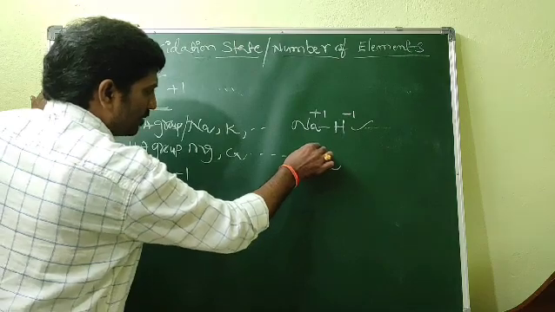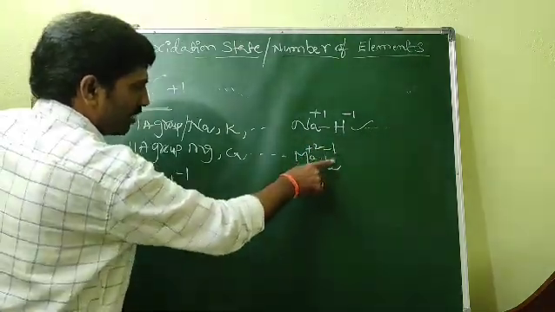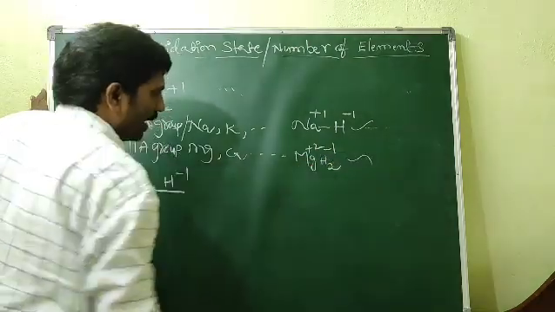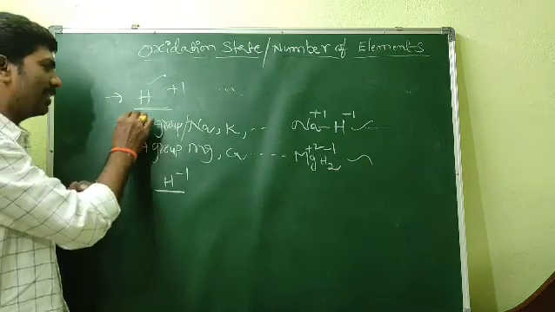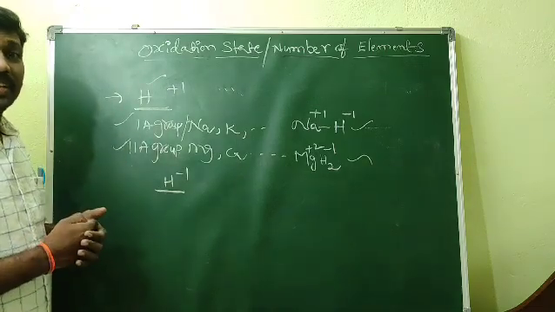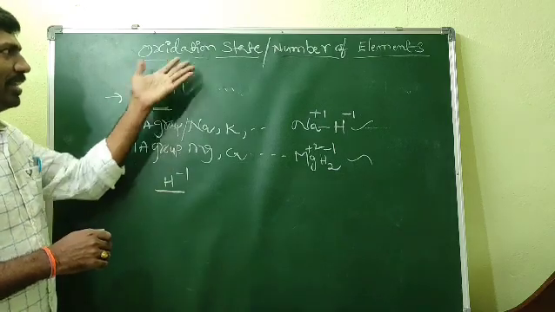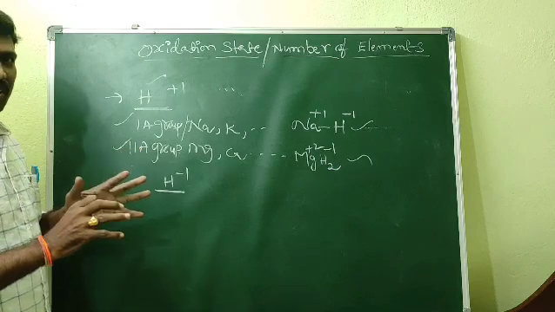Here magnesium is plus 2, hydrogen is minus 1, minus 1 into 2 is minus 2. So when hydrogen is combined with alkali metals or alkaline earth metals, it exhibits a negative oxidation state. These things alone we should memorize.